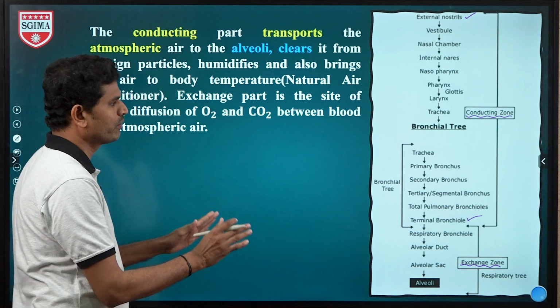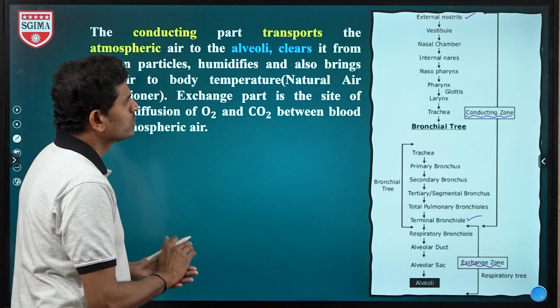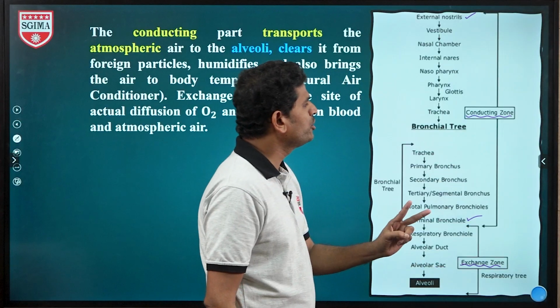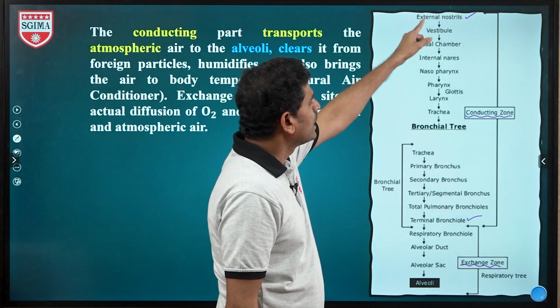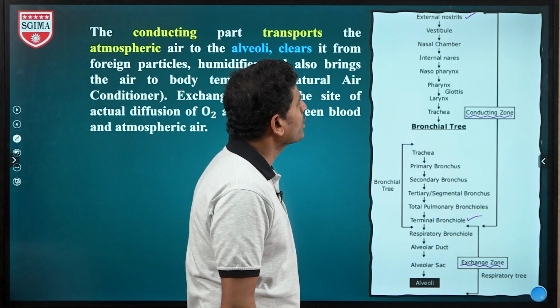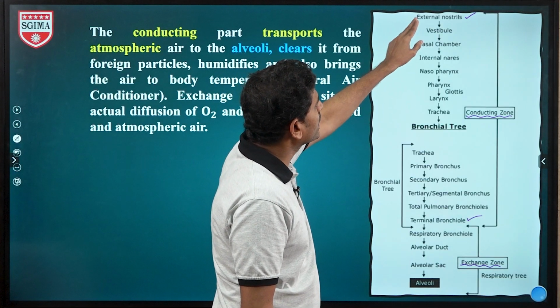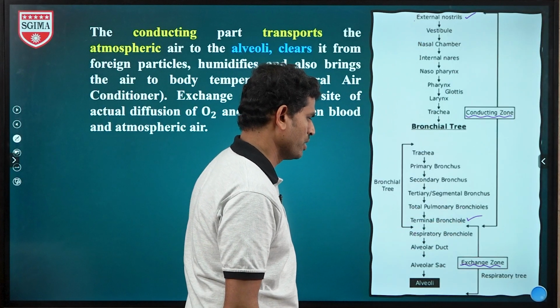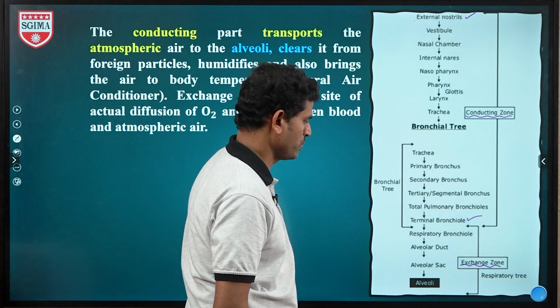Okay, so I'm going to revise this one more time. Here, the total respiratory tract is divided into two parts. One is a conducting zone and the other is an exchanging zone. The conducting zone contains the parts from the external nostrils to the terminal bronchioles.